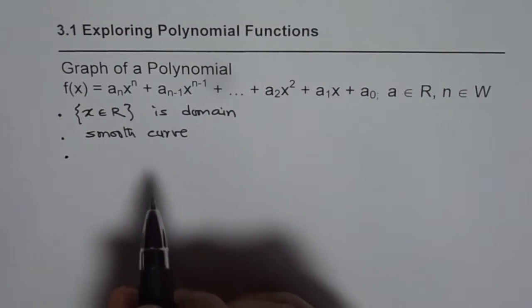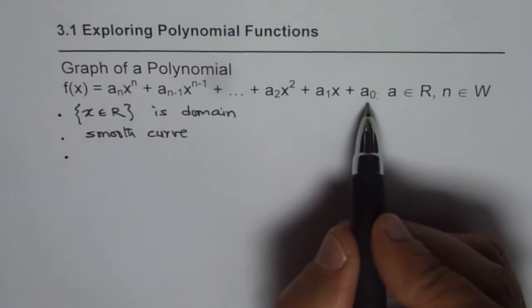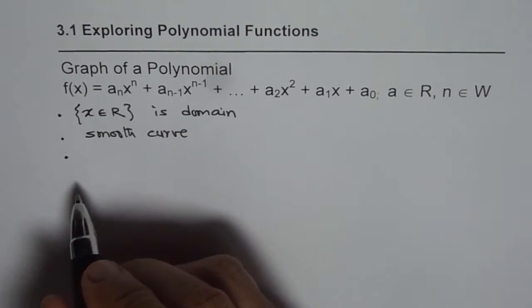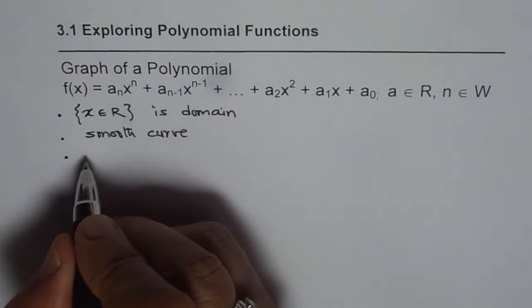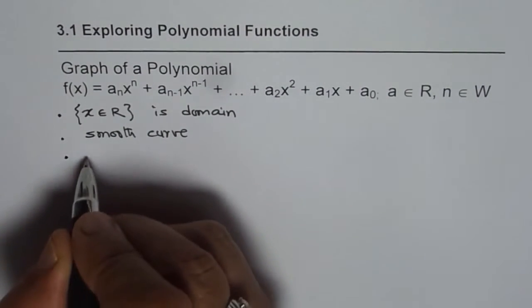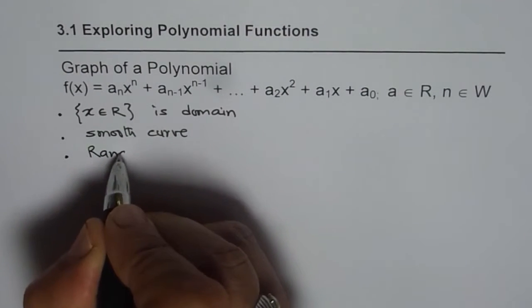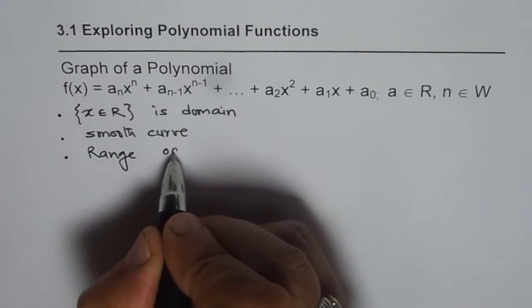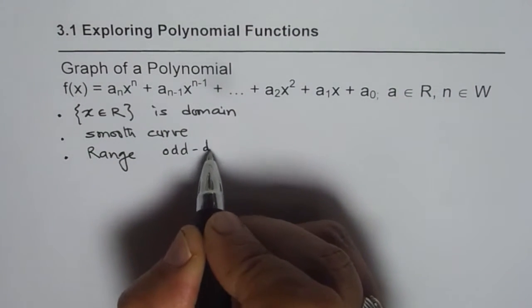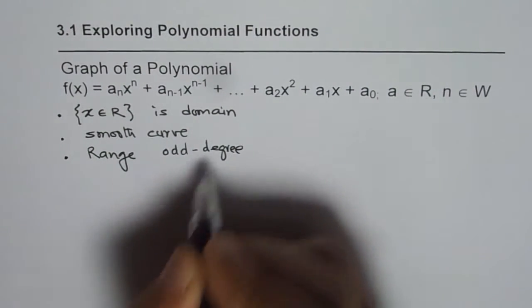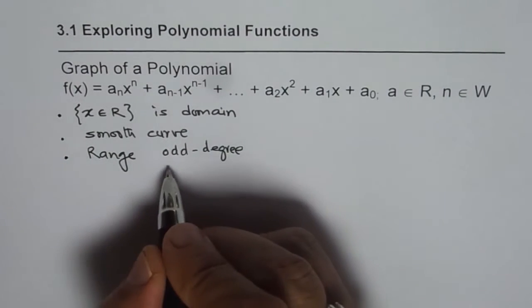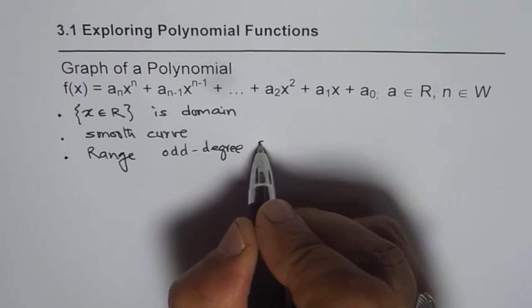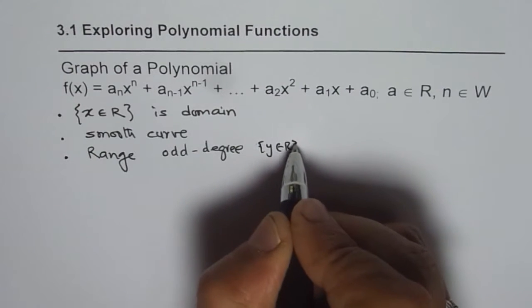And then, except for one exception, we'll talk about a constant function, but otherwise, as far as the range is concerned, this is about the domain. Range is of two types. If it is an odd degree, in that case, range is all real numbers. y belongs to real numbers.